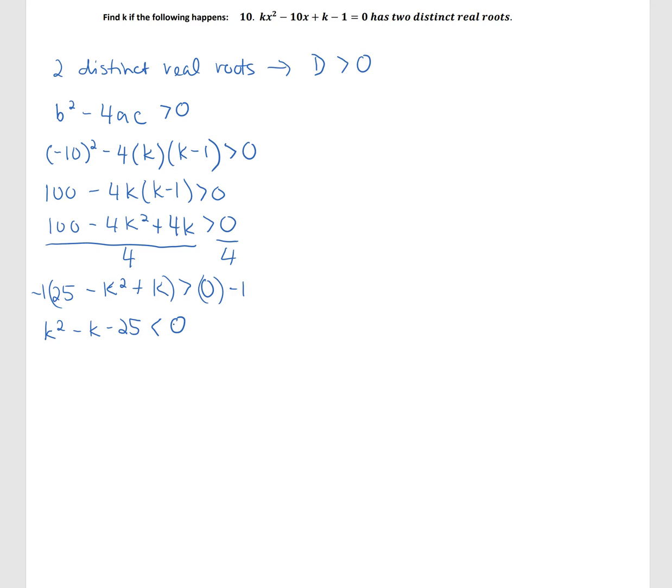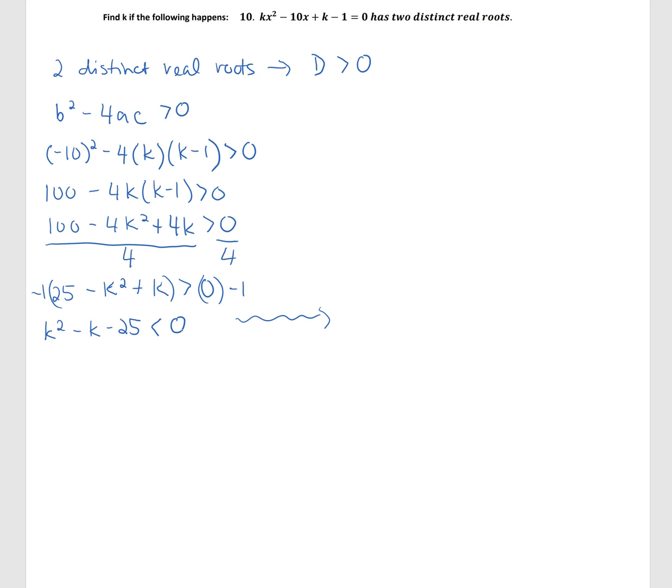So what I have here is I'm trying to solve for k, and this isn't easy to factor. So what I'm going to do here is use the quadratic formula to solve for k, just like you do if this was just a regular quadratic equation that you were solving for x. I'm trying to solve for k in this quadratic function, and I'm looking for when my y values are less than 0.